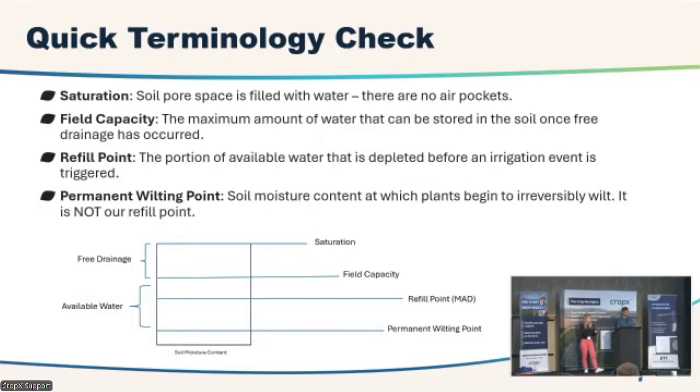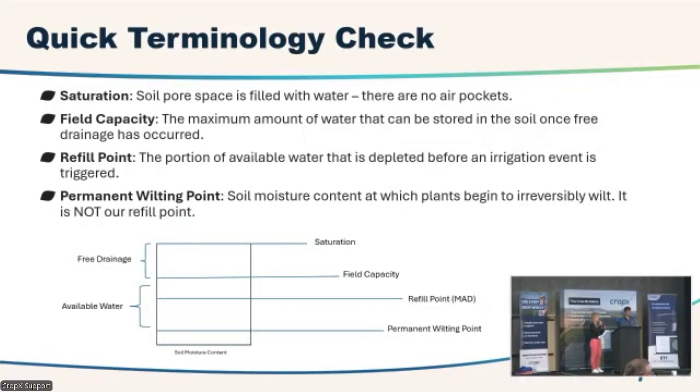If you were here yesterday, you've already seen this. But these are the terms you really want to think in when you're looking at adjusting profile sums on CropX and what that all looks like. So saturation, that's when our profile sum is above that blue or green line.